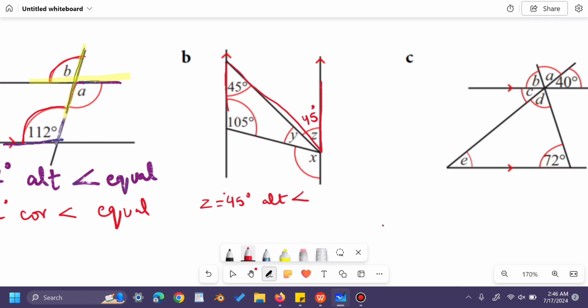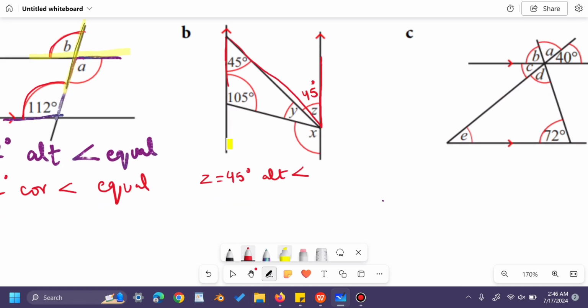Now we need to apply anything that we know about angles and we can figure it out. There is another thing. Now we know how to find Y, but you can see that this whole thing is a triangle, right? If this is a triangle, the sum of angles in a triangle is 180 degrees. That means 45 plus 105 plus y is going to be 180 degrees.